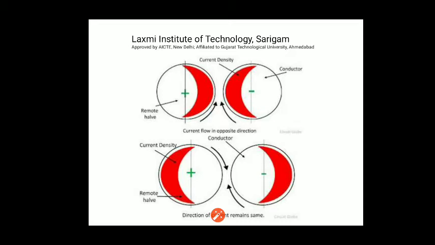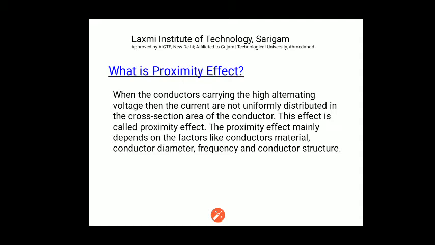There are two conductors in parallel position, so on the inner side the maximum linkage current will flow in the same direction, and this is called the proximity effect. The proximity effect or proximity loss is greater on the inner side and where the distance between the two conductors is small. On the outer side the linkage current is the same but smaller.